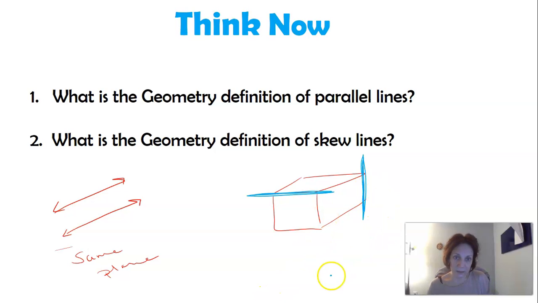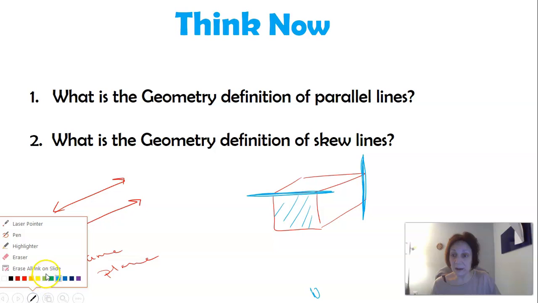But this line, the one on the front, is in the plane of the front of the box, and it's in the plane of the top of the box. This line back here is in the plane of the side of the box and the back of the box. They're not in the same plane, and that's why they're never going to cross. If I took this line and I moved it up to be in the plane here in the front of the box, they would definitely cross. The only reason they're not crossing is because they're not in the same plane, and that is what we call skew lines.